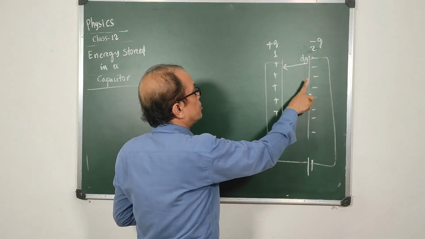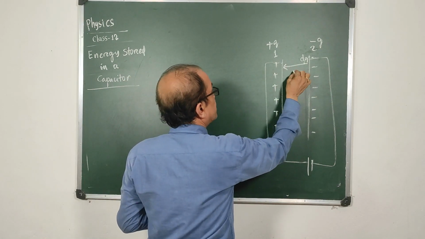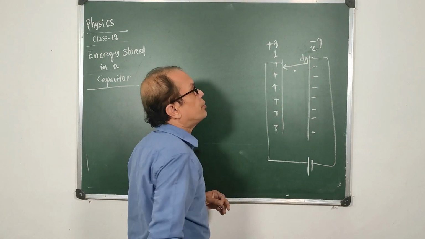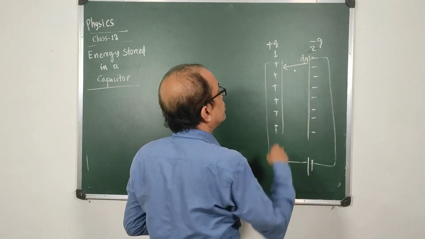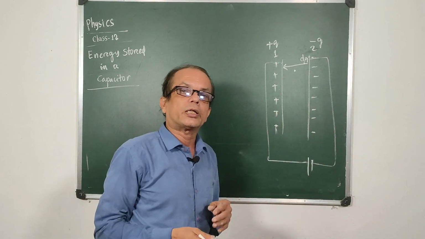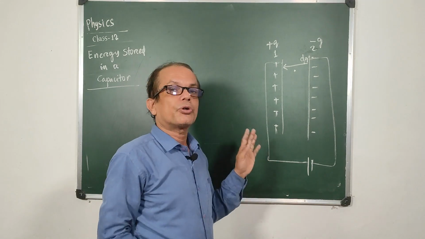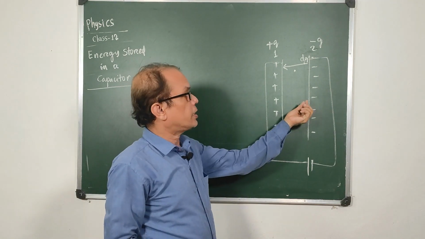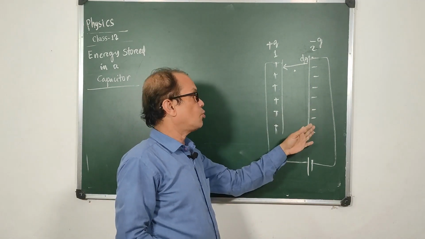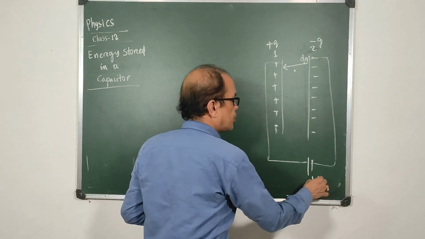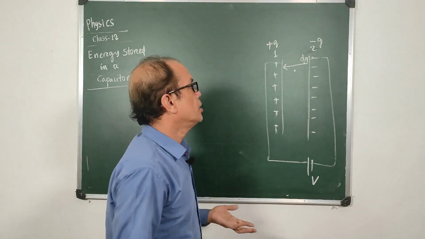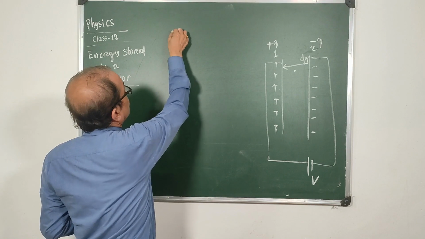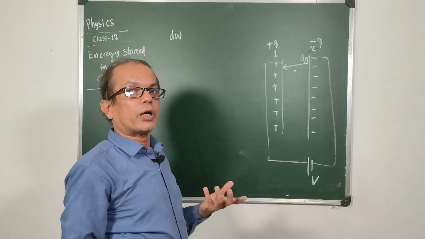So the amount of charge transferred is a small amount dq, and due to this transference of charge the charging occurs. When we are transferring the charge from one plate to another against a potential difference V, we are doing some work. Let this small work be dW. What is work done?